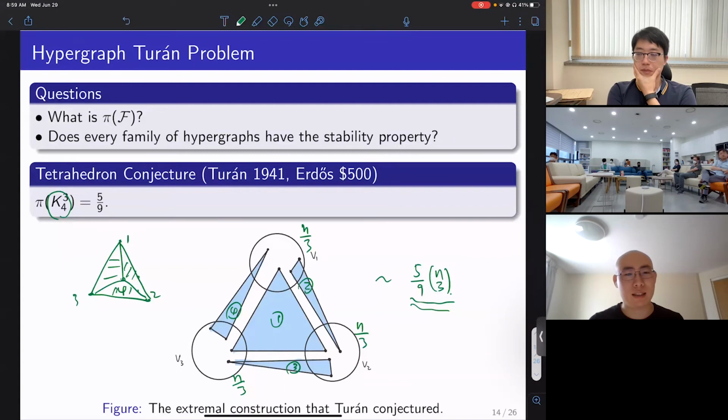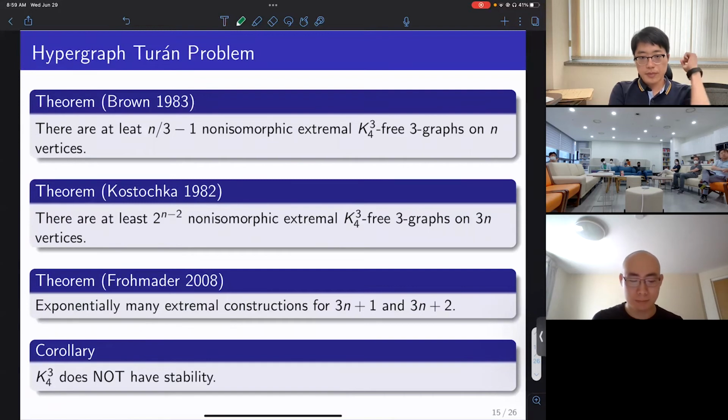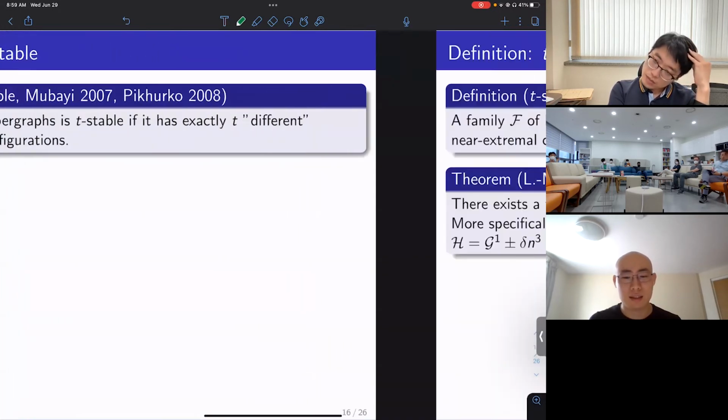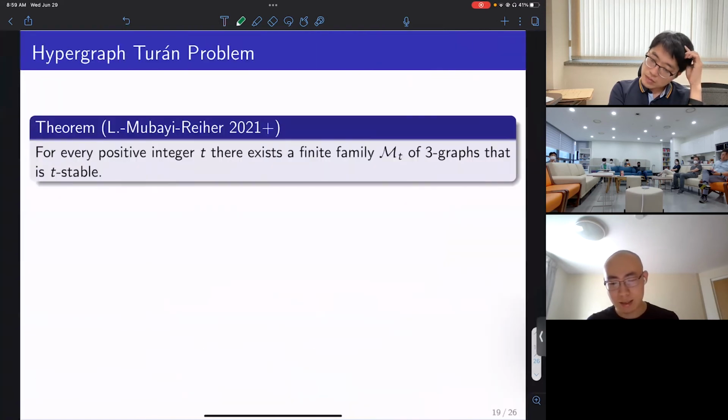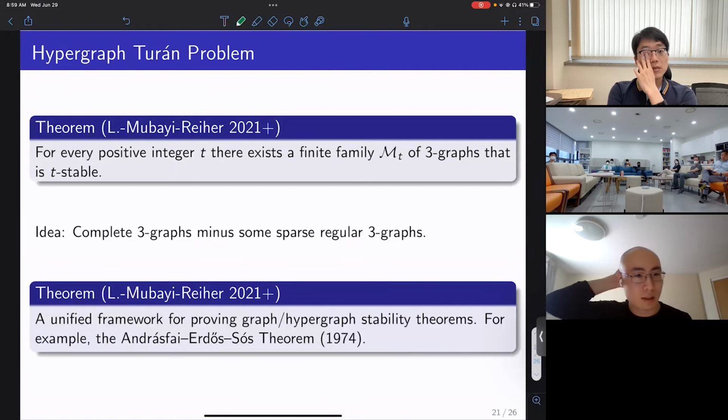It has exponentially many extremal constructions as n goes to infinity. So if you can prove the tetrahedron conjecture, you find an infinite stable family. But that's too hard to prove.